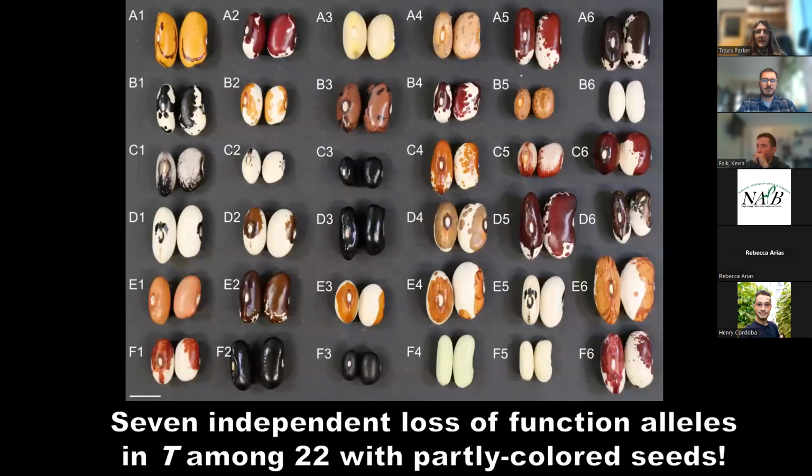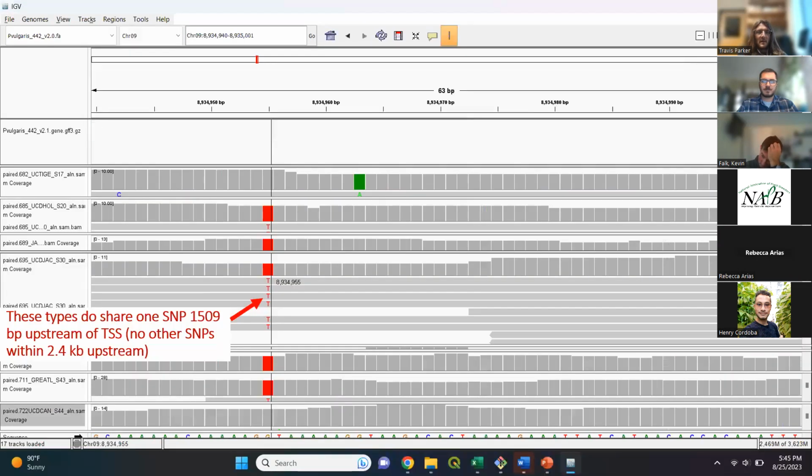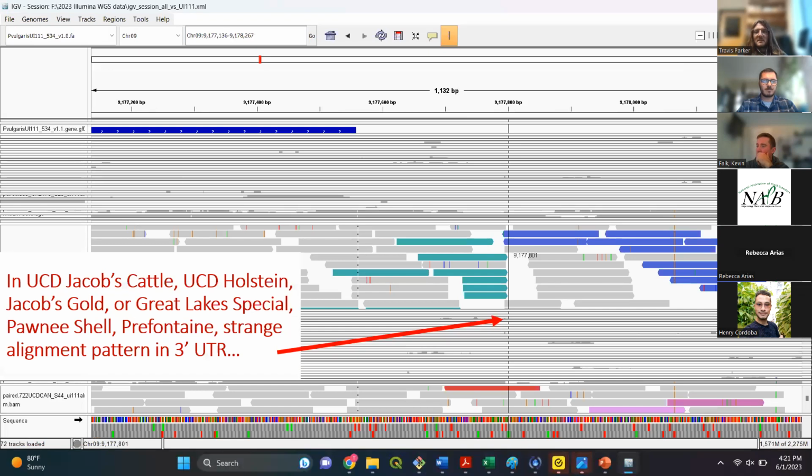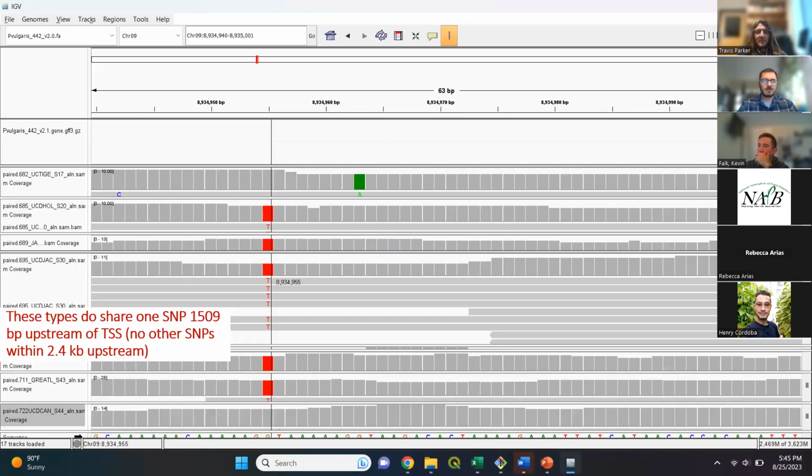I don't know if you caught it, I think I left in right here when we were talking about this inversion, I made a little note to myself. I probably should have taken it out for this talk, but I'm glad, since you asked, that I left it in. I noted that there's a SNP that they share 1,500 base pairs upstream of the transcription start site. I personally doubt it matters very much, but who knows?